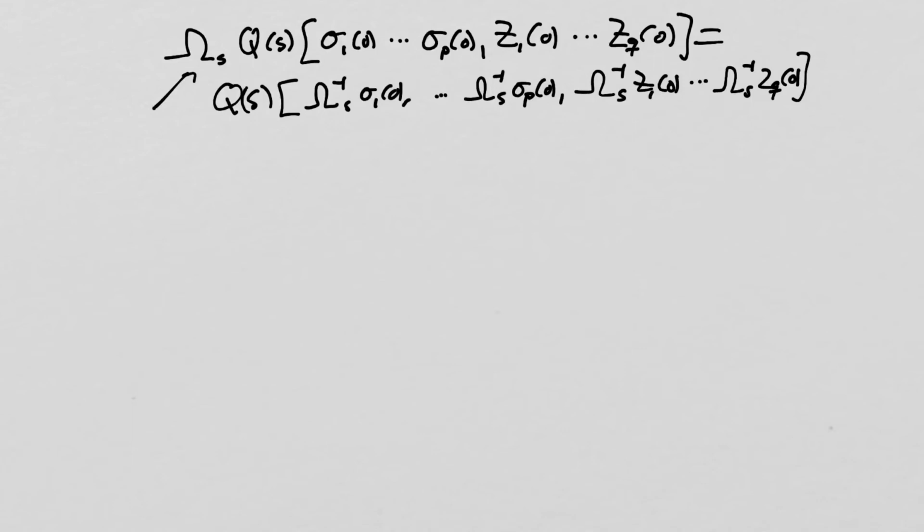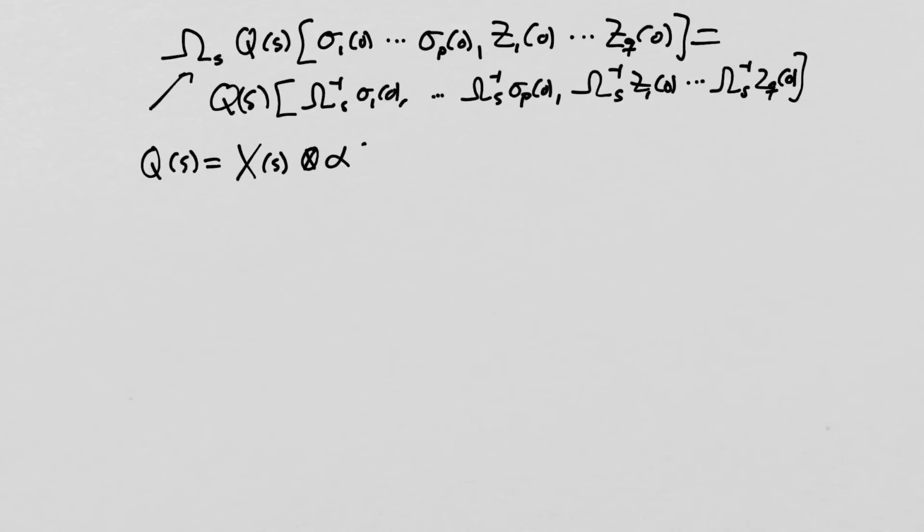So now consider this expression just for one particular tensor. Let's say that q of s is, I'm using z as my argument, so let's say it's x of s, inner product, and then alpha at s.